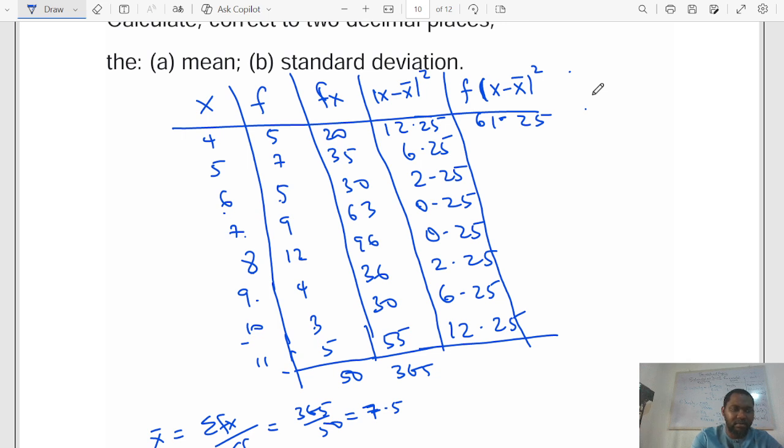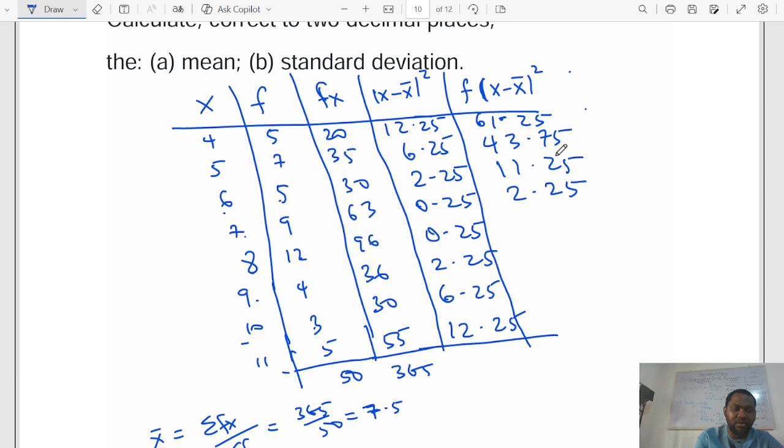The other one is 7 and 6.25. This is going to give us 43.75, right? The other one is 5 and 2.25. So here we get 11.25. The other one is 9 and 0.25. This one is giving me 2.25.